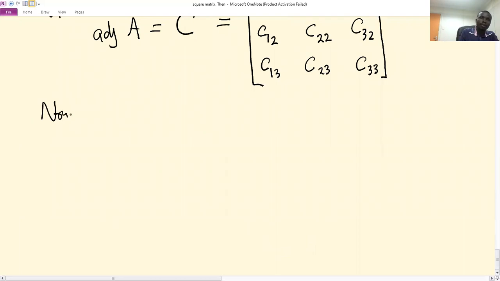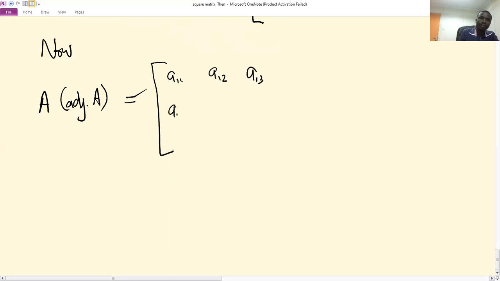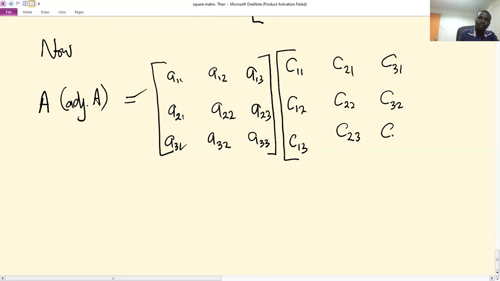Now, A times adjoint of A is the same as the matrix A11, A12, A13, A21, A22, A23, A31, A32, A33, which you multiply by the adjoint, which is C11, C12, C13, C21, C22, C23, C31, C32, C33.